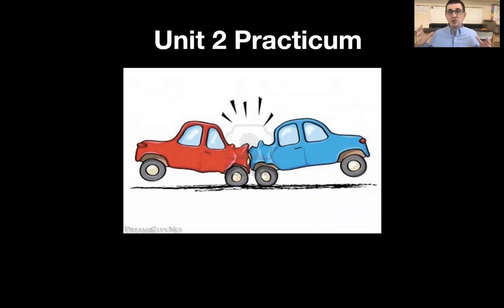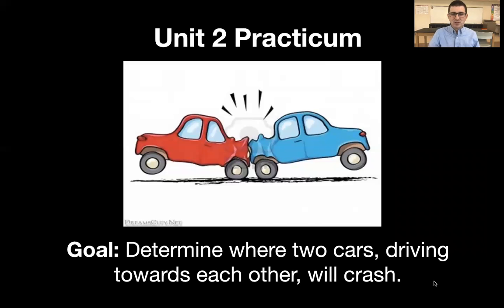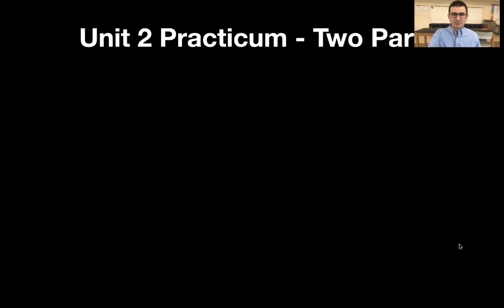You will be given two different cars, which should hopefully have different speeds, and then you will drive them towards each other until they crash. The goal will be to determine where exactly they crash into each other. So is it at 0 tiles or 1 tile or -2 tiles? You have to decide where they are going to crash, and then we can test the prediction to see how close you actually were.